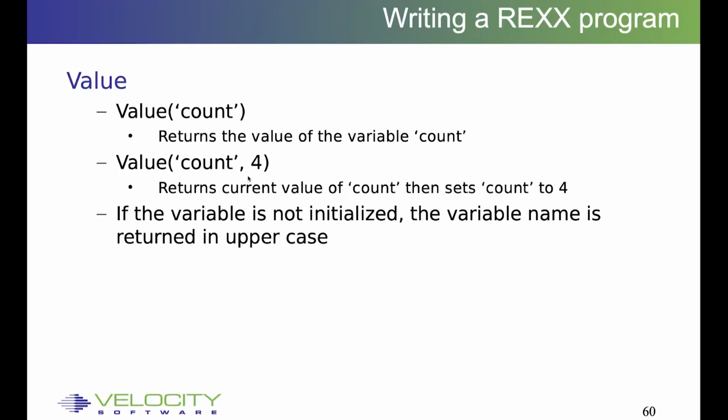If we specify a value after, as the second parameter of the value function, it will return the value of the variable and then set it to the value in the second parameter. So count might be 3. It will return 3 and set the value to 4, for example. If the variable is not initialized, the literal count is just returned in uppercase, like REXX would typically do.